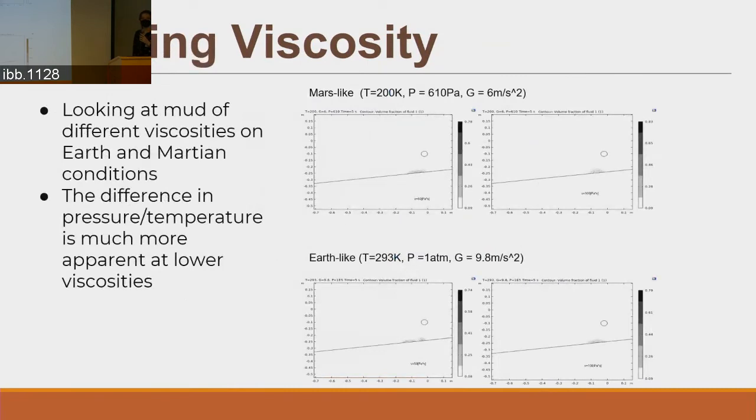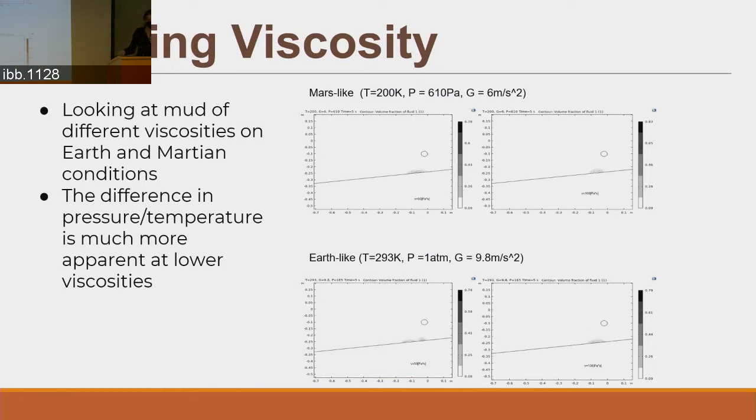So looking at differing viscosities, this is relevant because we don't entirely know what type of mud formed these mud volcanoes, these formations. So by looking at differing viscosities, we can see what actually matters.